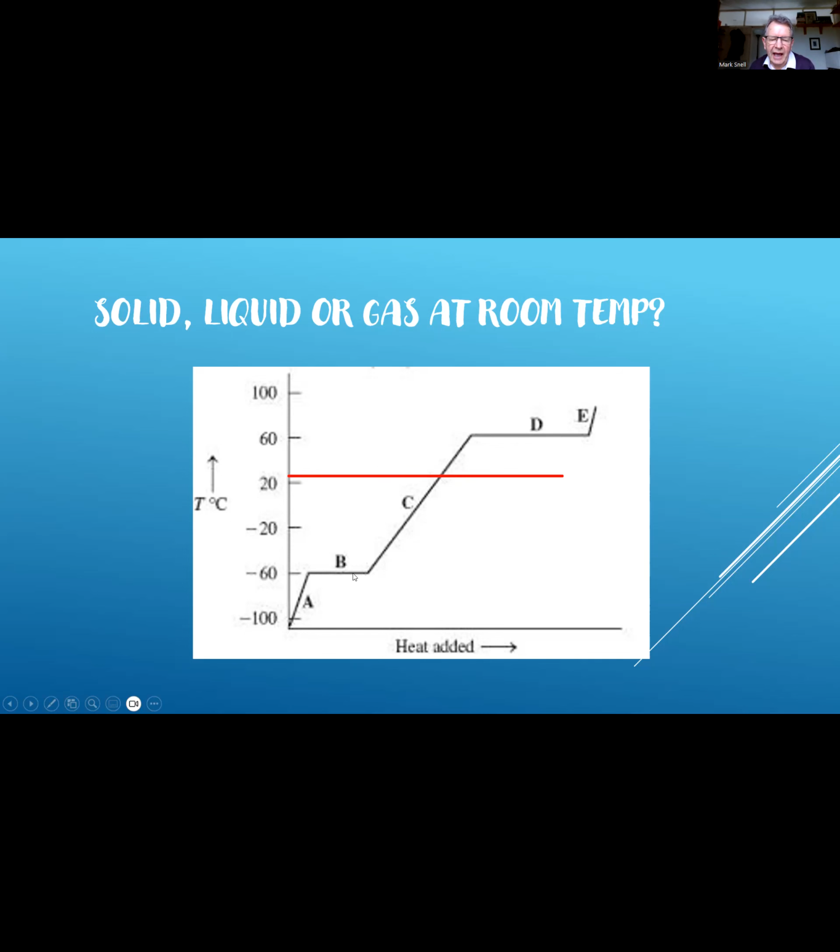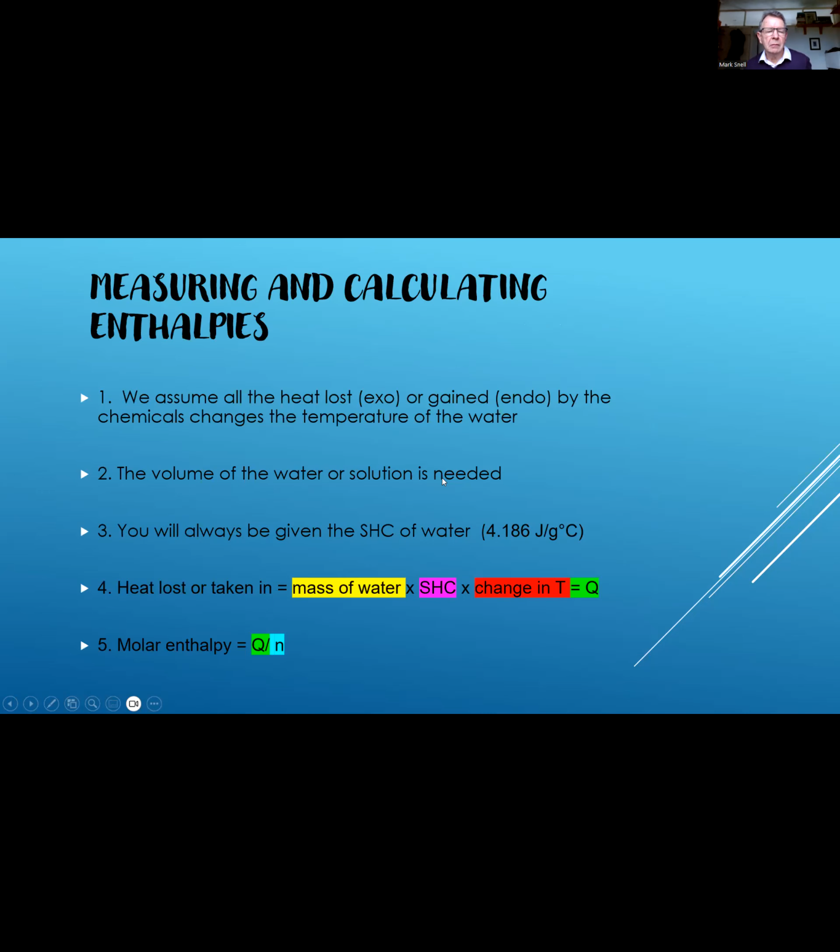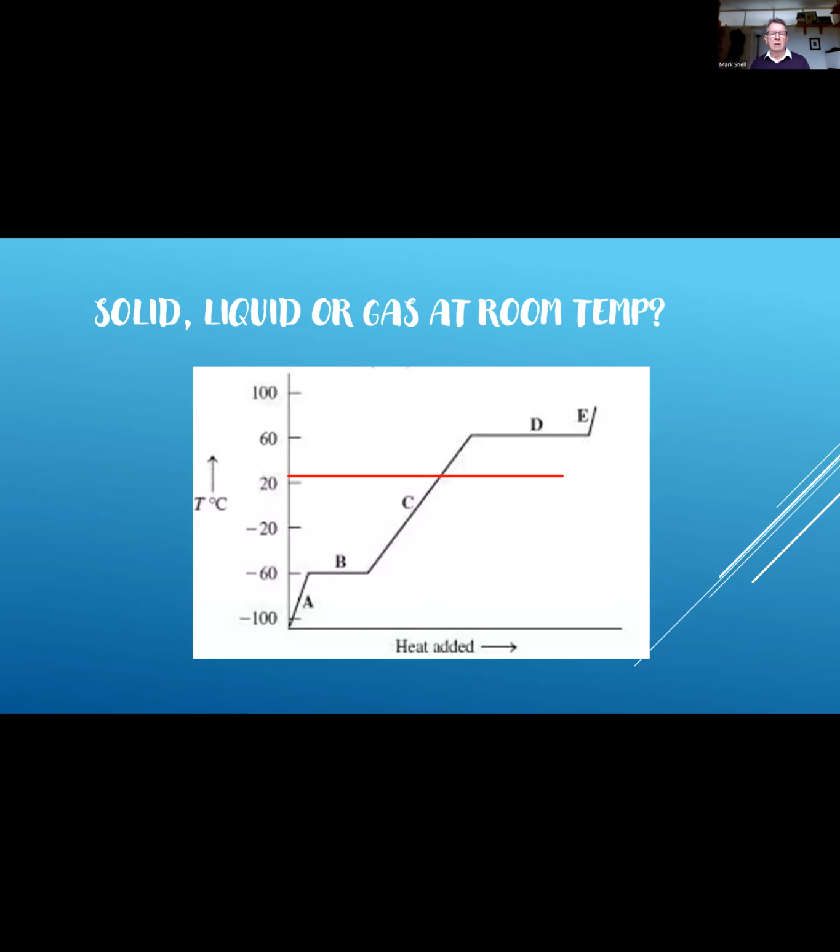This is solid and liquid. In C, it is all liquid. So the answer is, at room temperature, this chemical is a liquid. That's fairly straightforward. You're just looking at what would happen.